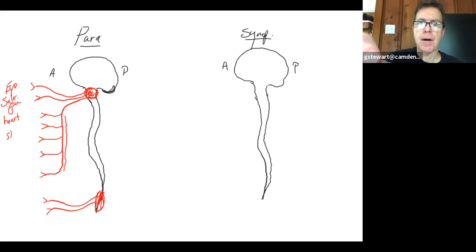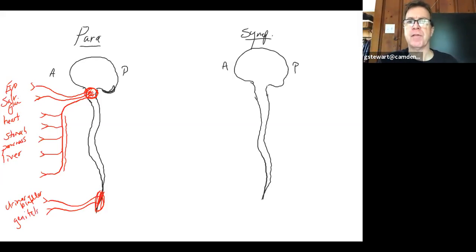And then in our viscera, in our abdominal cavity, things like the stomach, pancreas, our digestive organs, liver, gallbladder, and then the urinary bladder, and the genitals, both male and female, would come off of this sacral region.